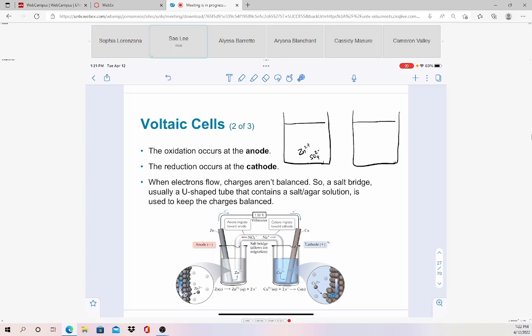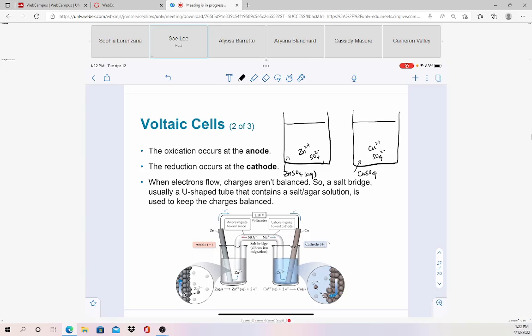The beaker on the right contains copper sulfate solution. So you have copper ion and sulfate ion floating around in the water.